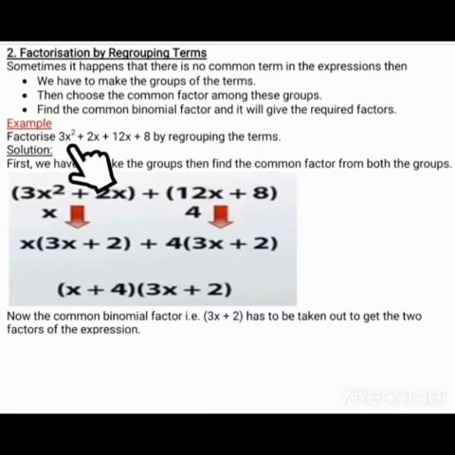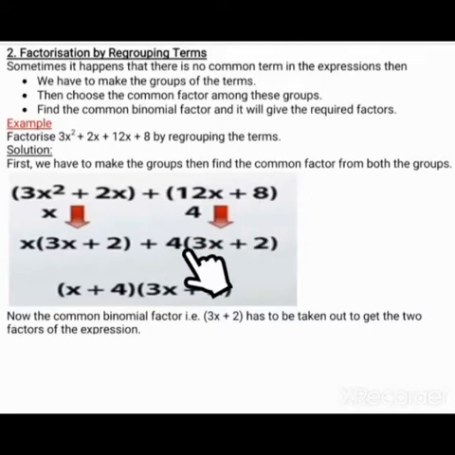Example, factorize 3x square plus 2x plus 12x plus 8 by regrouping the terms. Now here we have to regroup. So 3x square plus 2x is one group and the second group is 12x plus 8. Here x is common, so we take x as a common factor, remaining is 3x plus 2. And here 4 is common because the variable is not given and 12 and 8 come in the table of 4.